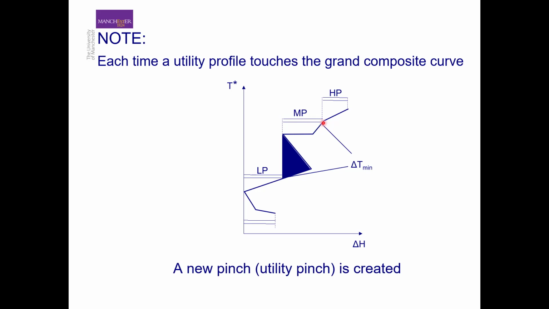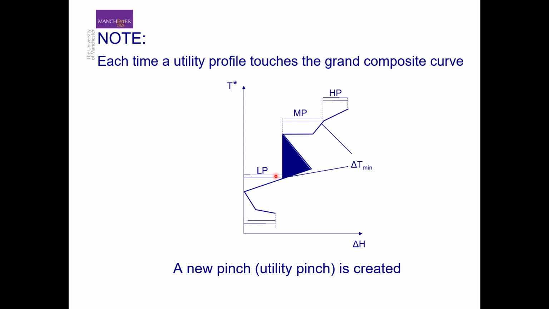But in reality, as I said on the previous slide, this temperature is not the actual temperature. The hot utility is shown half a delta T min down from its actual temperature, while the cold stream is shown half a delta T min above its actual temperature. So in reality, even when they are touching, there is still 1 delta T min temperature difference between the medium pressure steam and the cold stream that is taking the heat.